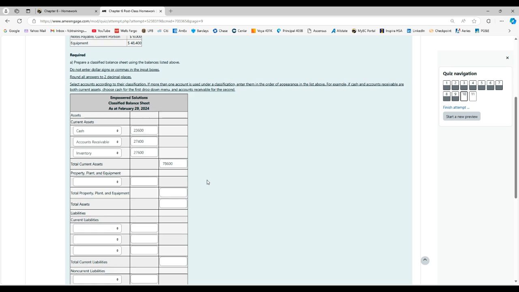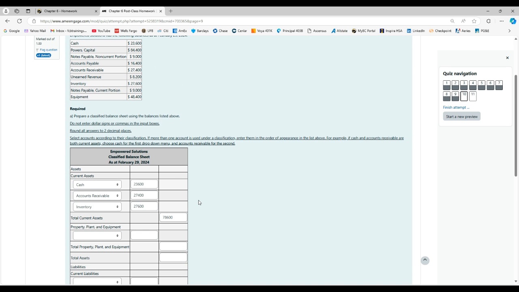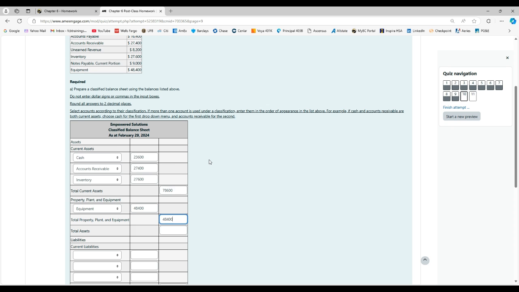Then we've got property, plant, and equipment, which is just equipment in here. It's interesting, we have no accumulated depreciation showing, but whatever. So we add the $78,600 and the $48,400 to get $127,000.